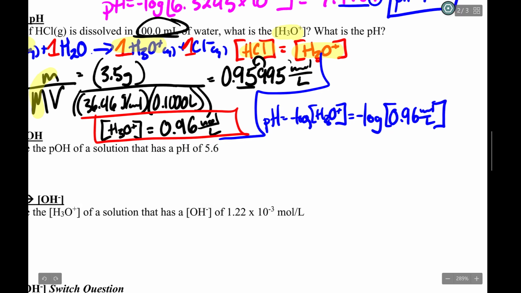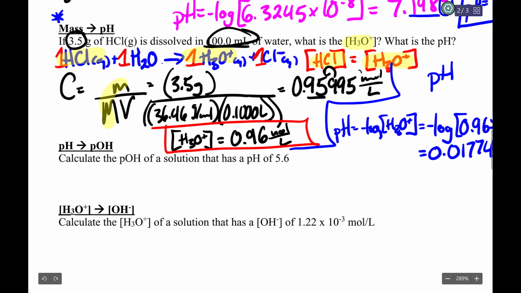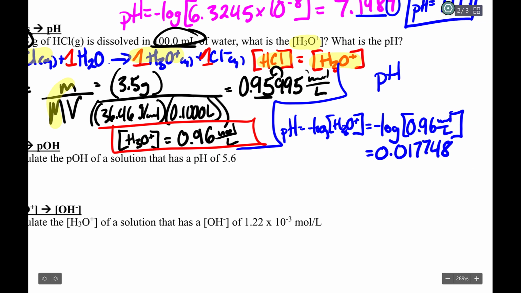And if I do that, I get a value of 0.01778. So the pH, based on my number of significant digits, which is only 2, which is 2 decimal places, the 7 would round this up, would be 0.02.